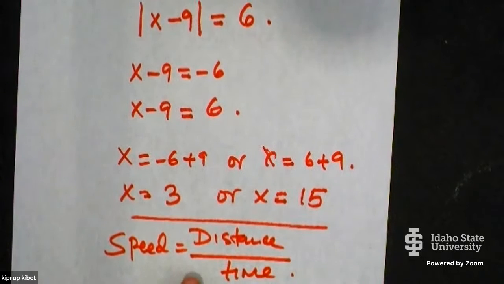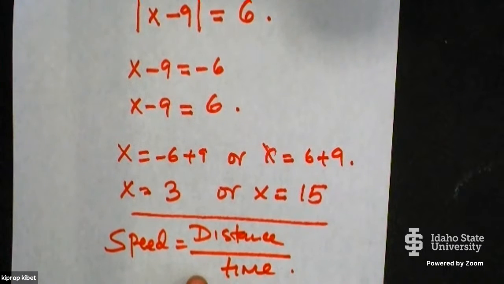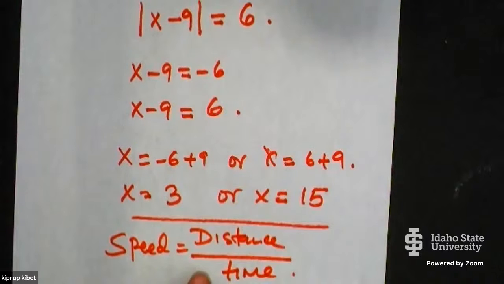It says Mildred can row about 3 miles per hour in still water, but there is a current. So when going with the current, you add the speed of the current to the speed of your boat.